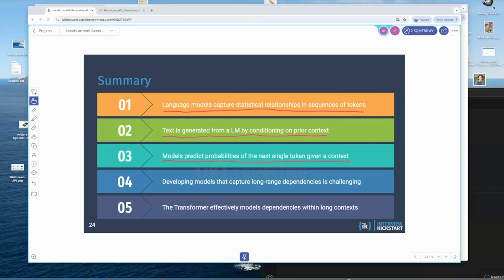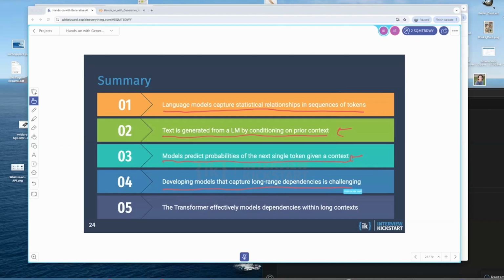So here's a context, and here's the probability that each token in my vocabulary is the next token in this sequence. Once you have a model that can do this, you can generate sequences of arbitrary length by generating tokens one at a time, plugging them back into the context, and then plugging that new context back into the model.